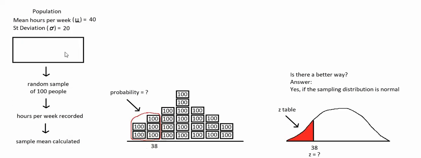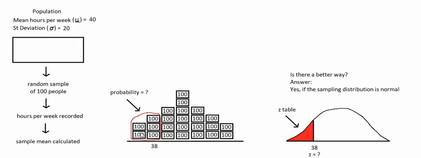Also, in this situation, the population is very large. It's not a population of 4 people or 5 people like it was in the last activity we did on sampling distributions. So in this situation, there isn't going to be just 4 or 6 or 10 possible samples. There's going to be lots of possible samples.